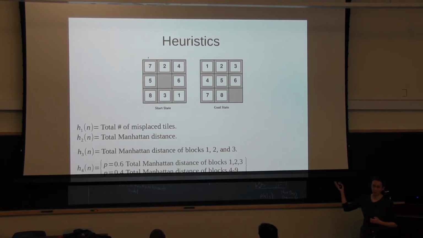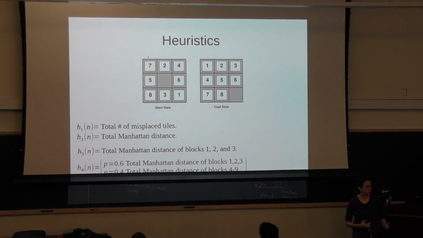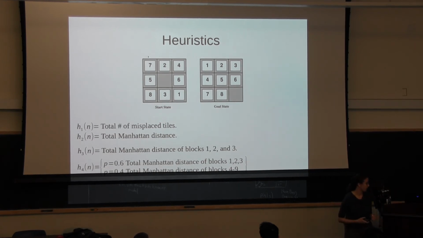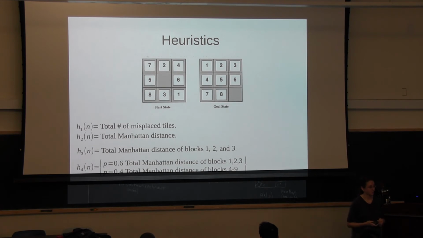The reason relaxed problems were nice was that it enabled us to estimate some kind of lower bound on the cost of solving the problem quickly. We wanted to find relaxed problems that were easy to solve, so we could solve them fast, and then use that to get a heuristic value that estimated the cost of the full problem, which we didn't know how to solve. If we did know how to solve it fast, then we wouldn't need to do A star. It's like this chicken and egg kind of thing.